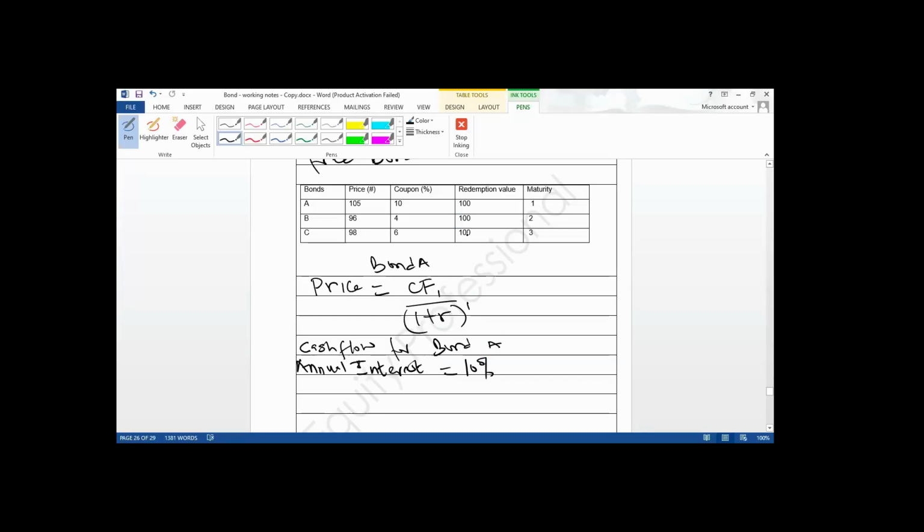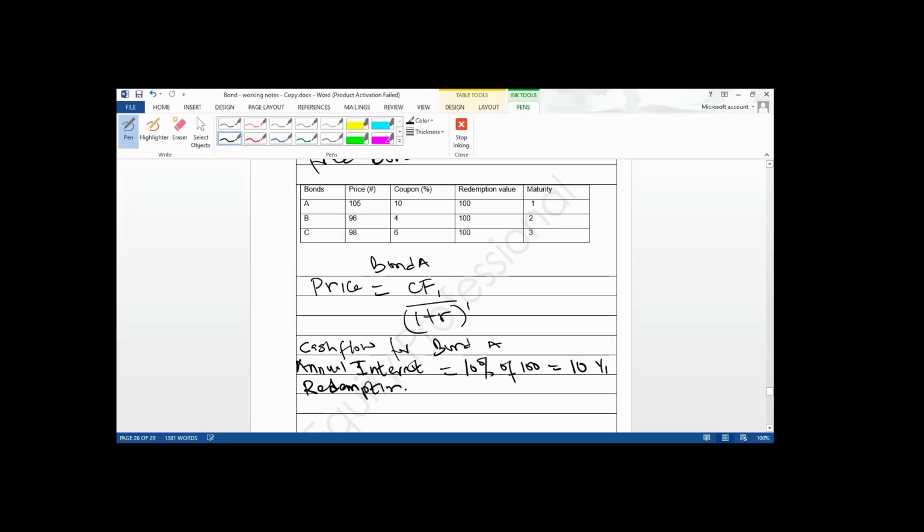Nominal value of this bond is 100, that is 10 naira in year 1. Then at the end of year 1, the bond will be redeemed.